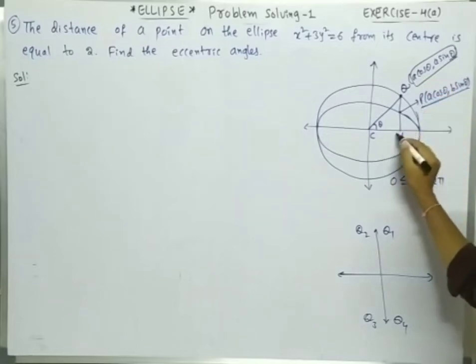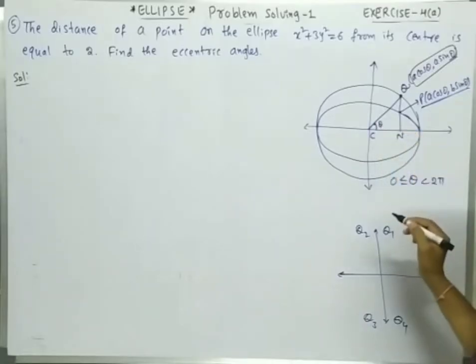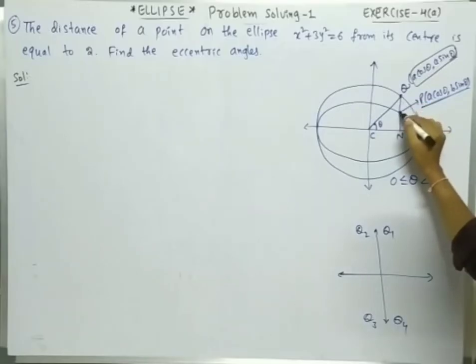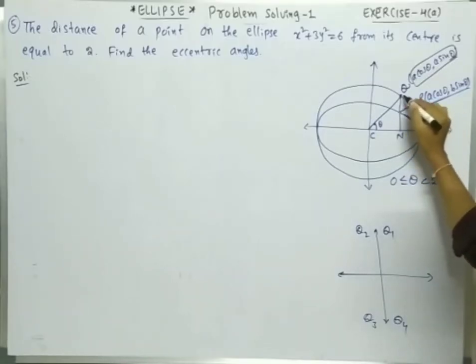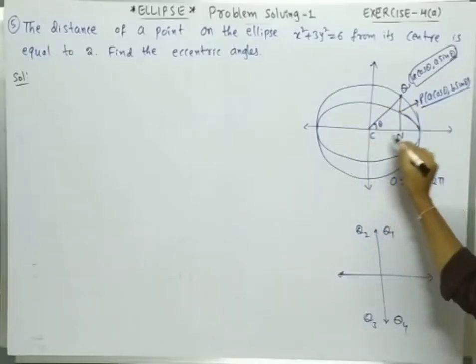Now the angle ACQ is theta. This is called the eccentric angle. This is making an angle with this point Q. This point P is the corresponding point of Q from the circle, which lies on the ellipse.